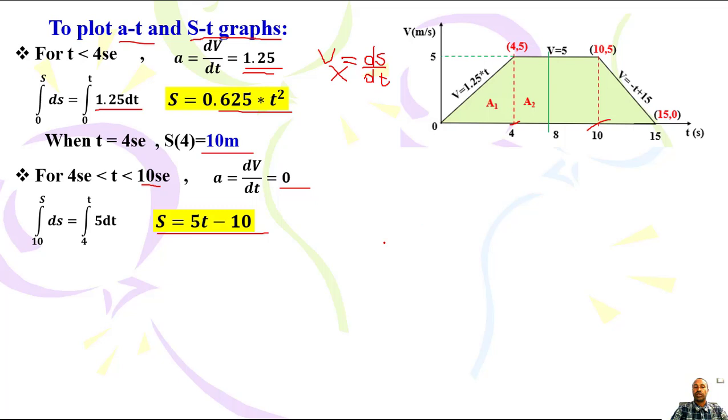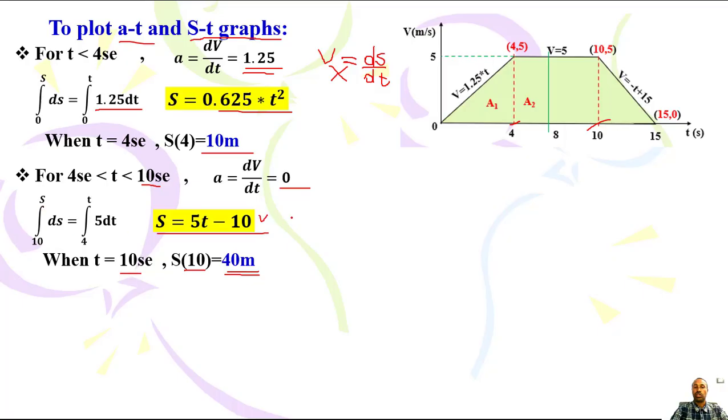Then you have again just a function. So you have this equation, then when t is equal to 10 seconds, s of 10 will be 40 meters. You simply substitute in this equation.